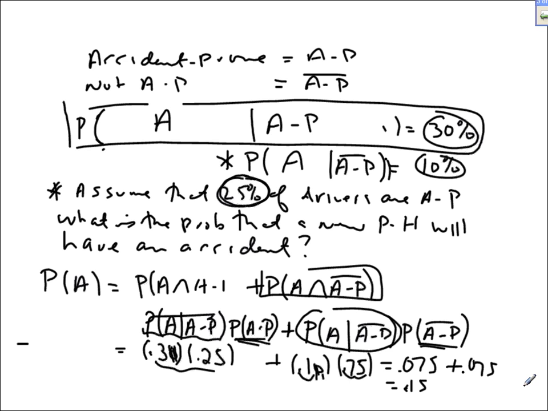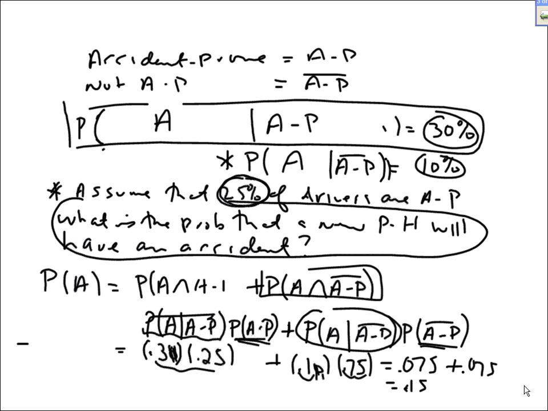In fact, I'm not mistaken. So 15% of the drivers will have an accident. The probability that a new policyholder will have an accident is 15%.